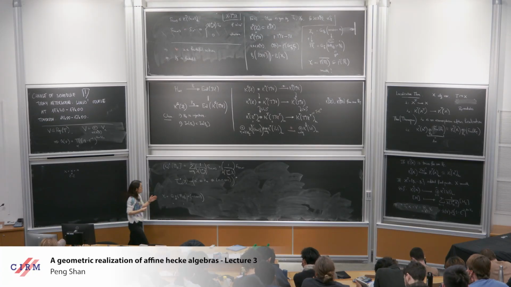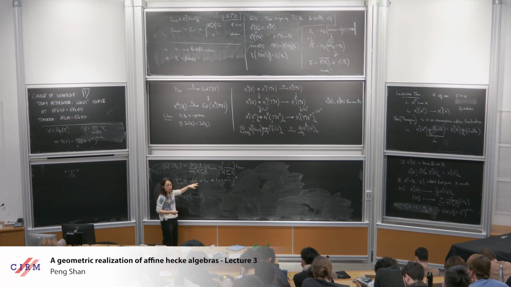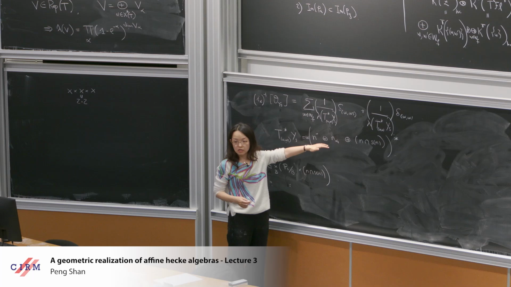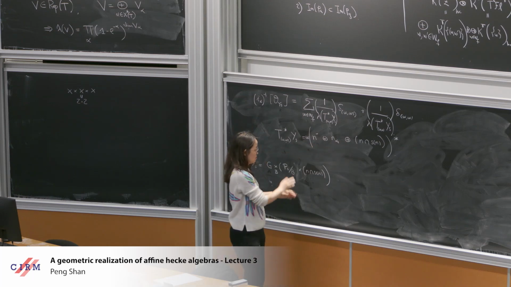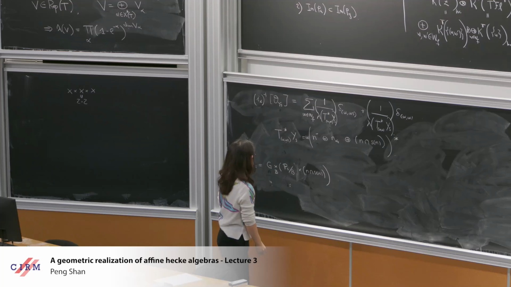But this is something explicit because this is a sum of root vectors, and you know how it acts. I will not write down the computation, but you can do it. It's very explicit.